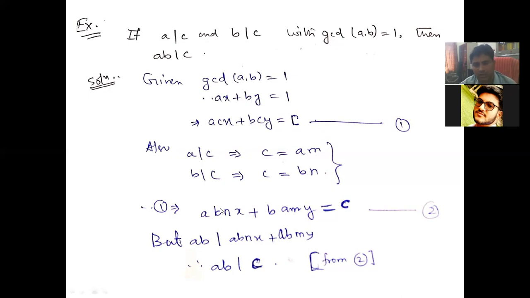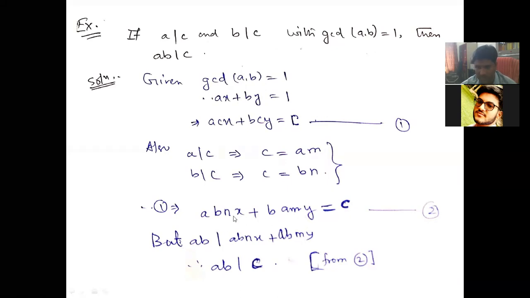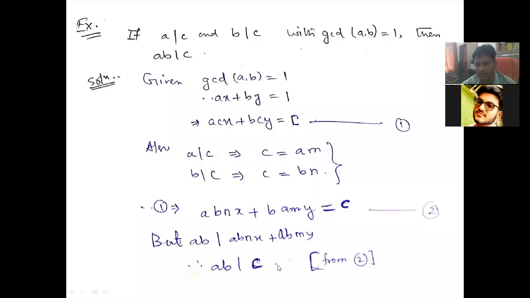So this implies ABNx plus ABMy, फिर you will get this one. Now AB common, Nx plus My. This AB divides this because AB is common in both parts. So this implies AB divides C.